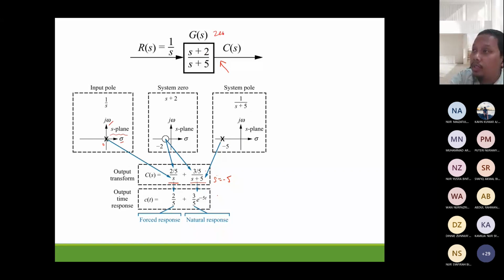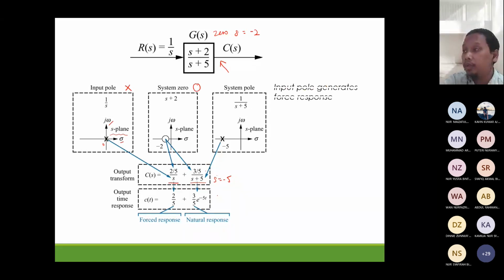So the zero is S equals -2. Then we can plot the system zero at -2. So we represent a pole using a cross, X. And we represent a zero by using a circle symbol, okay, circle.